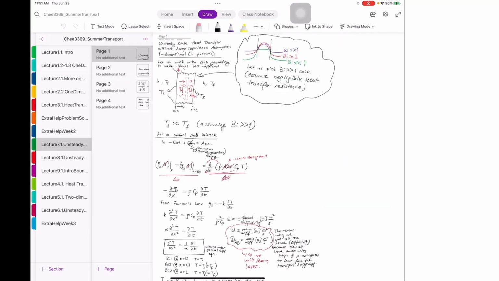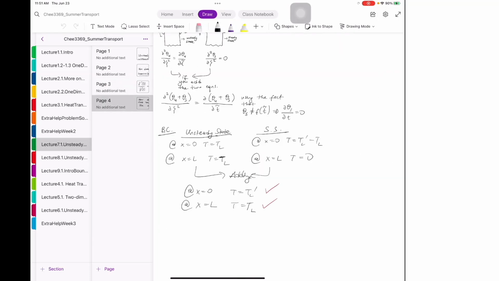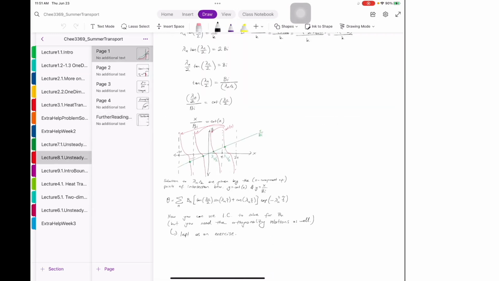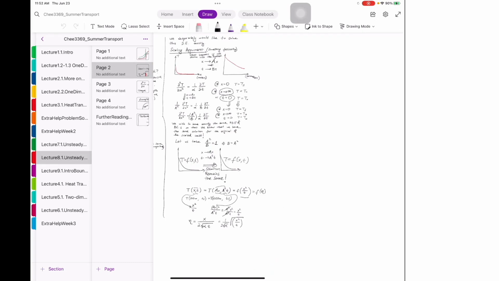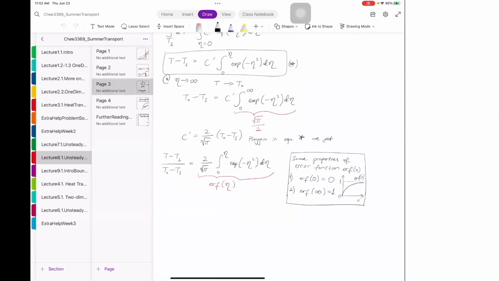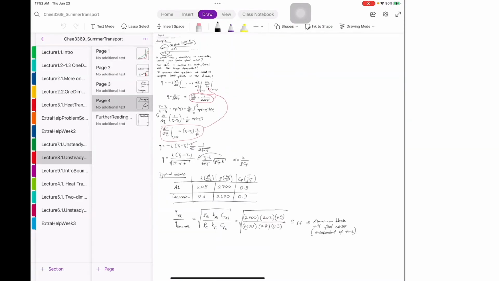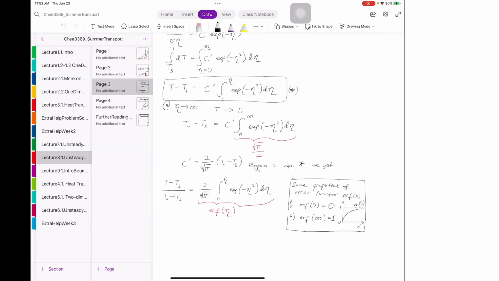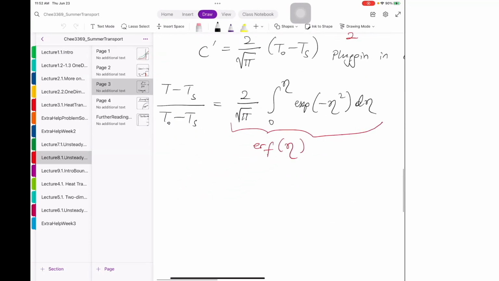It's lecture 8.1, page 3. T minus T surface divided by T0 minus T surface is equal to error function of eta.